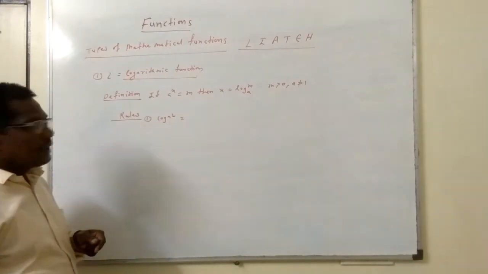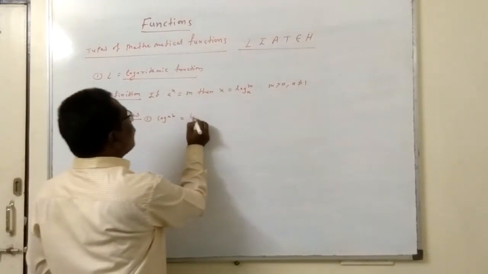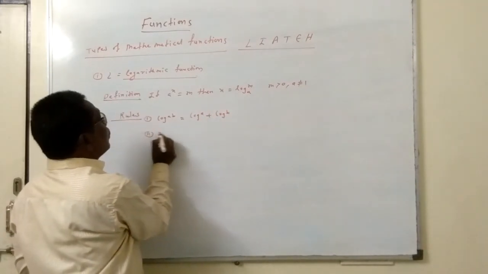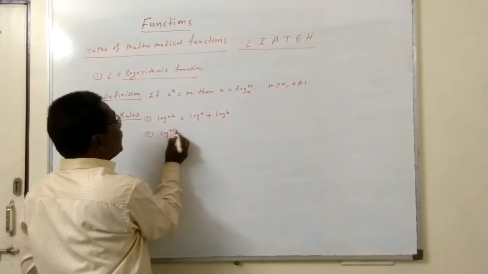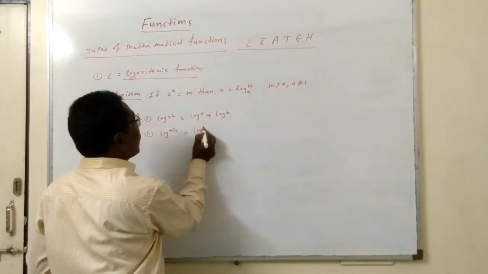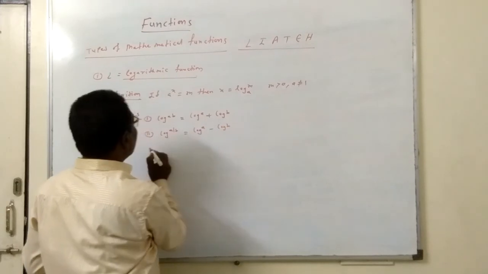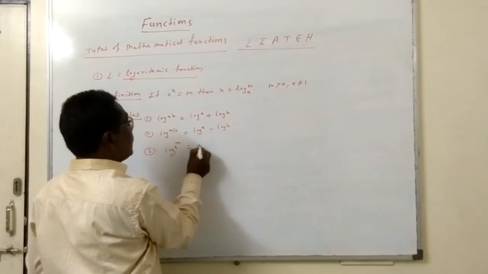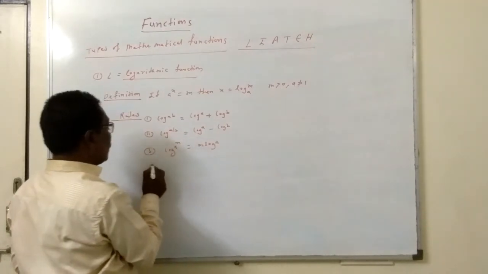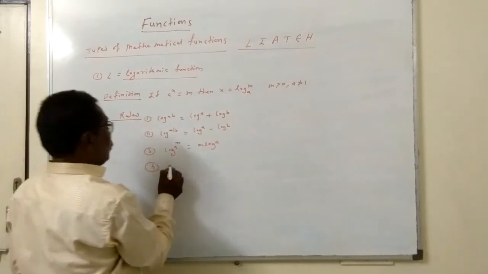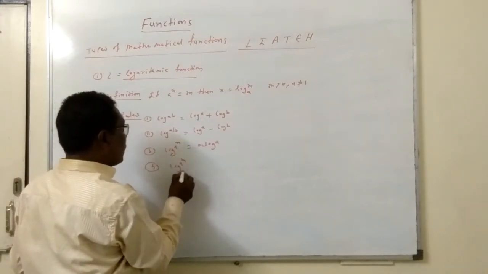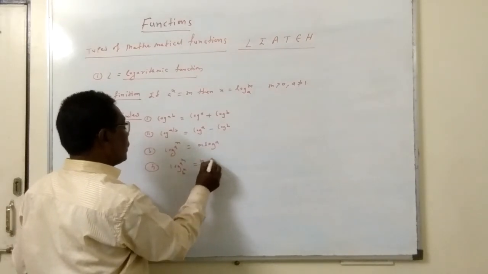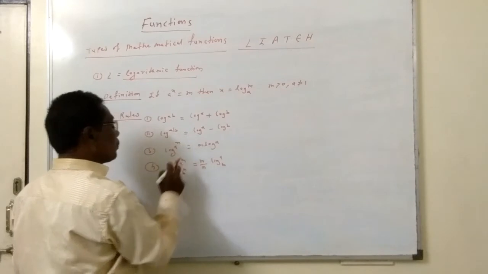If there is a product, we can write log A plus log B. Log A upon B, if division, then subtraction: log A minus log B. Third rule: log A raised to m, we can write m log A. Fourth rule: log A raised to m with base B raised to n, that is equal to m upon n log a base b.